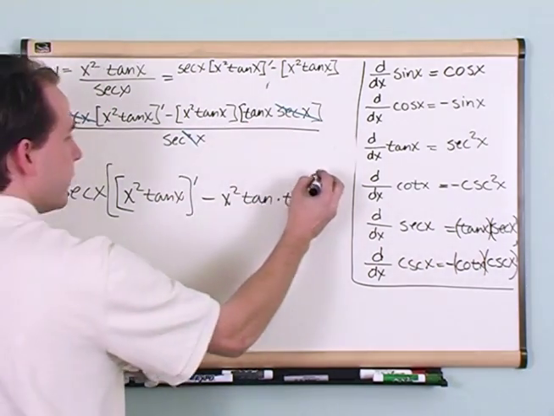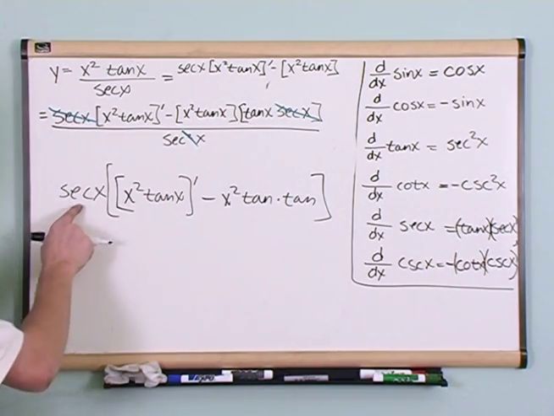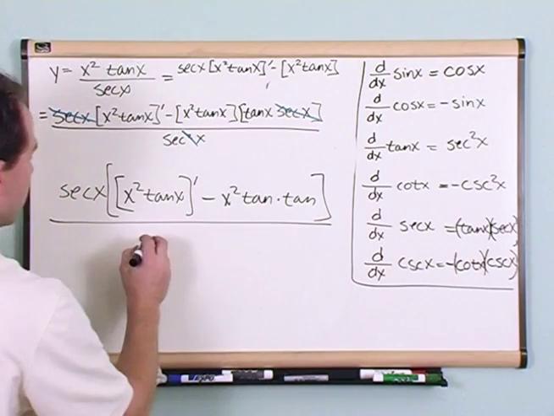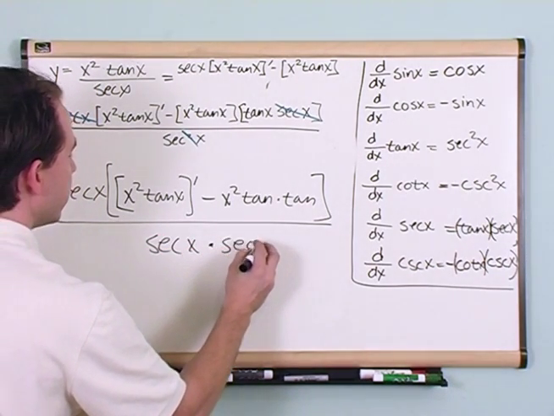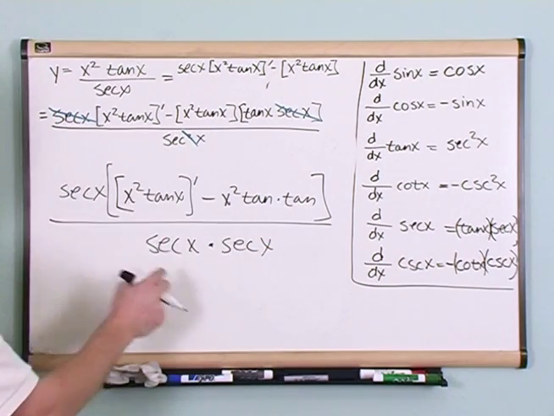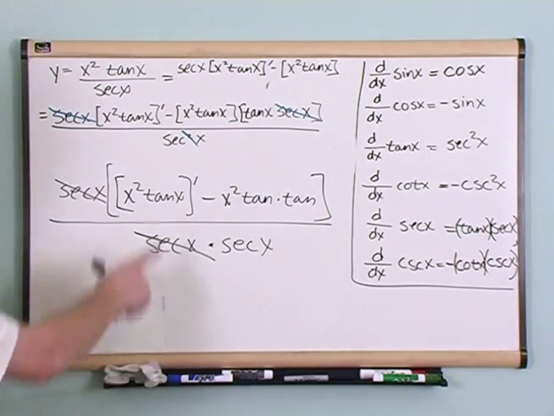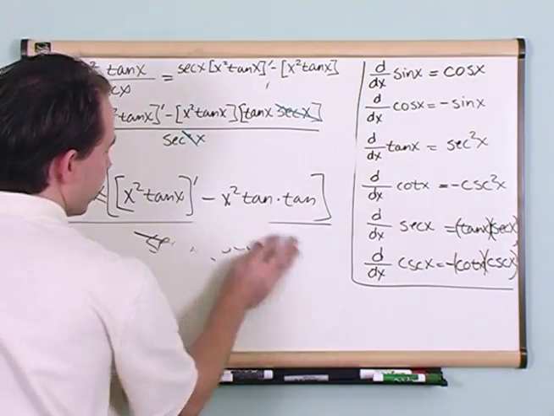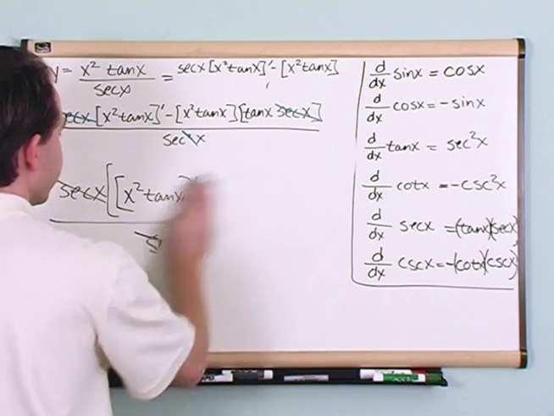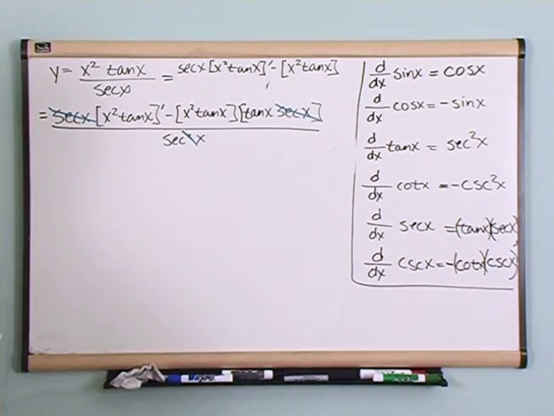You can see that you can factor out a secant from both of these terms, and so that's why I can write it here. Now, it was all over secant times secant, because I had a secant squared. So I just scratched through one of these secants and one of those secants. So on the bottom, I have a secant left over. That was what I did in one step. I just want to show you where it comes from. So I've gotten rid of those secants.